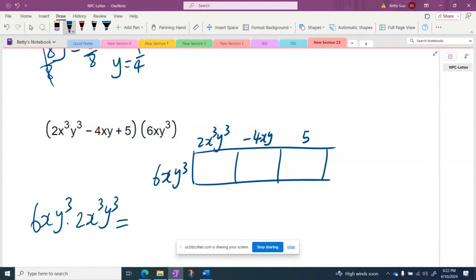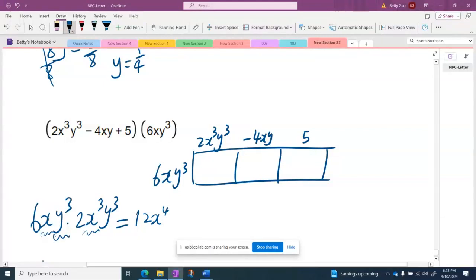How do we multiply the 2 monomials together? A lot of variables, right? So don't rush. We take time to look at the parts. Firstly, multiply their numerical parts. 6 times 2 is 12. And then we look at the parts with x. We have 1 x here and 3 x's multiplied together here, so x times x cubed gives us x to the power 4.